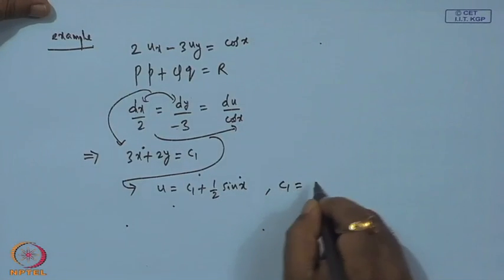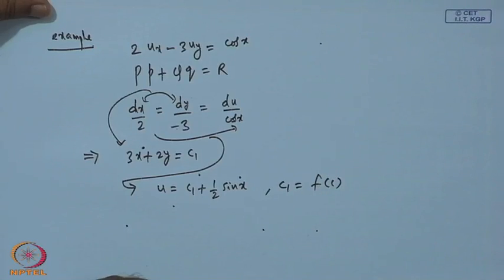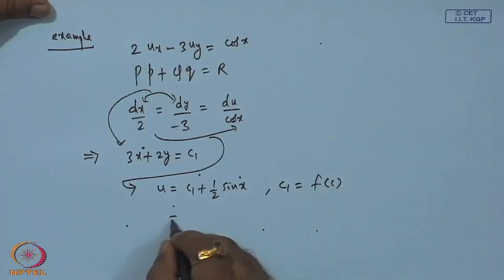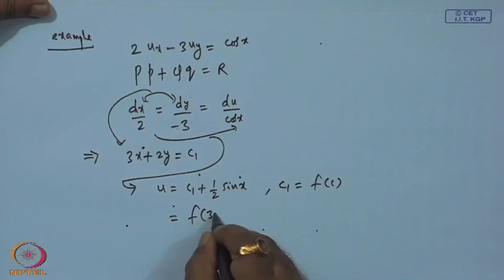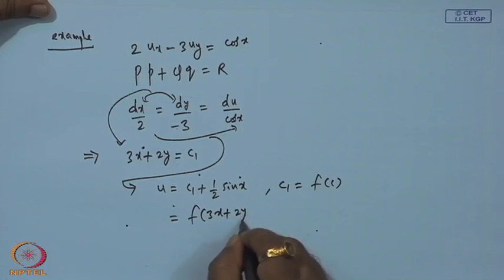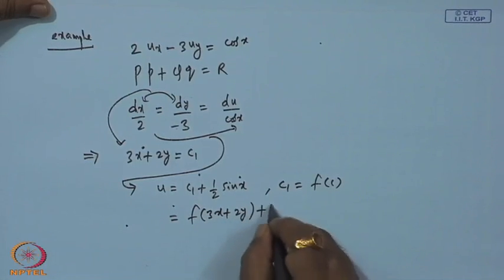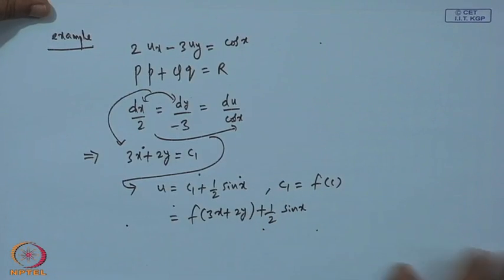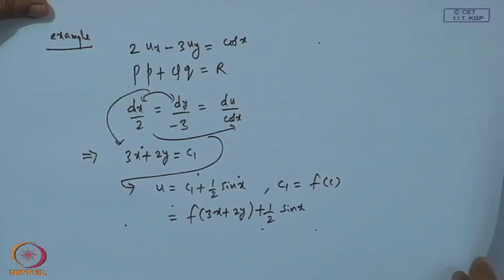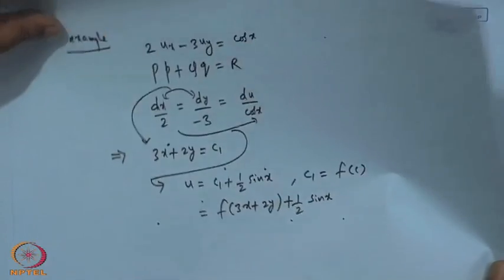So, C 1 equals f of c will be our solution. So, u is 3 x plus 2 y plus half sin x. So, this is our solution. Let us try to understand a little bit.